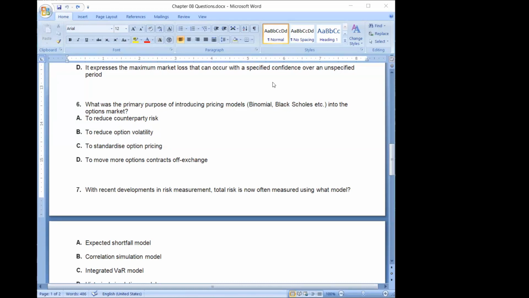What was the primary purpose of introducing pricing models into the options market? We did not discuss this kind of question in the class, but it's something that we get through common knowledge, right? If you explore this, you can get those. Let's see the answers. Technically, when you introduce any model into the stock market or any market, why do you introduce a model or any kind of framework?